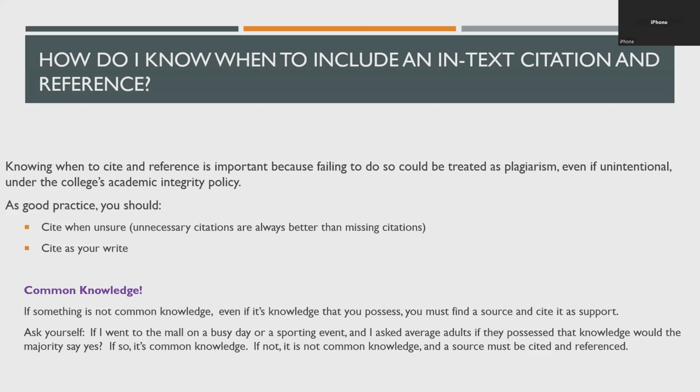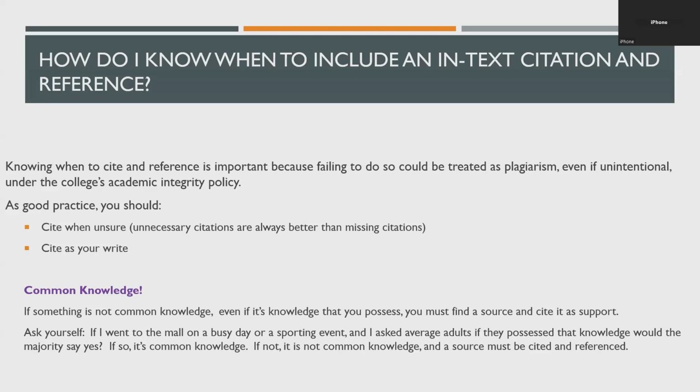Common knowledge is something that your average adult would know. So if I just walked up to random people on the street in the US and asked them, who is the president right now? Most people would be able to tell me that Joe Biden is the president. So that's what we call common knowledge.